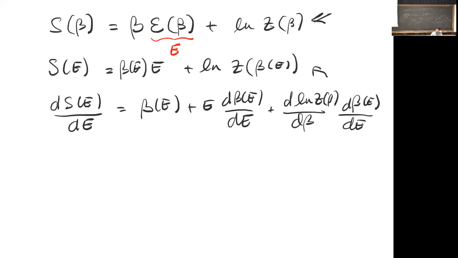I just use the chain rule here to compute the derivative of this term. I have a function of a function. I have a function which is this log Z, which depends on this function of E. So if I want to take the derivative with respect to E, I first derive with respect to the function beta of E, which is this term, and then I derive the beta of E with respect to E.